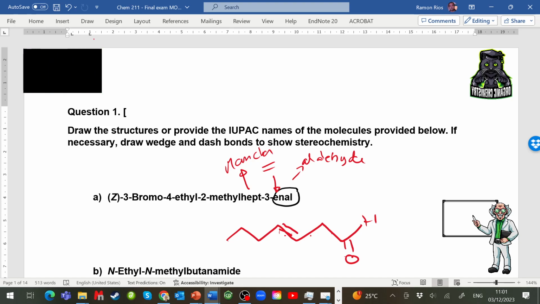Then in position 2 I have a methyl. In position 4, 1, 2, 3, 4, I have a methyl. And in position 3 I have a bromo.